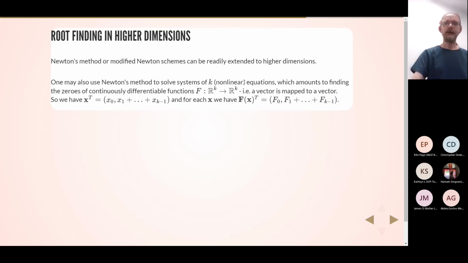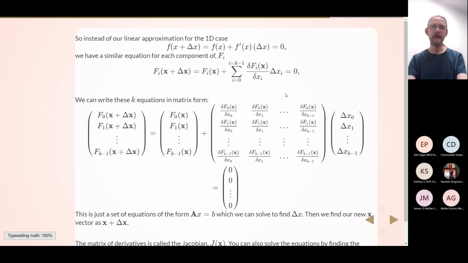If you've got a vector function, the function returns a vector, so it's got values f0, f1, and so on. So you give it a set of x coordinates and you get a set of f values back.